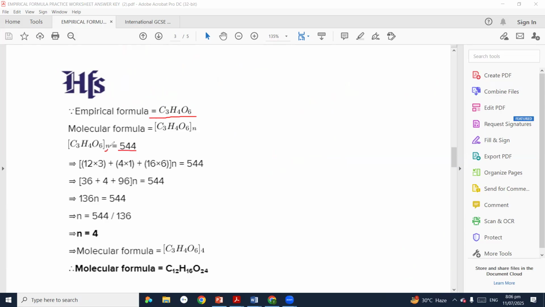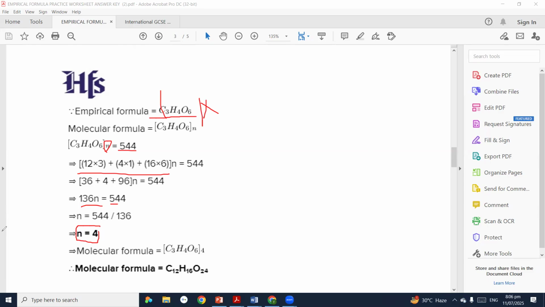For calculation of this n, first of all, you will calculate the relative formula mass of the empirical formula. Once you get n, multiply the empirical formula by this value, and you will get the molecular formula. Is it clear?